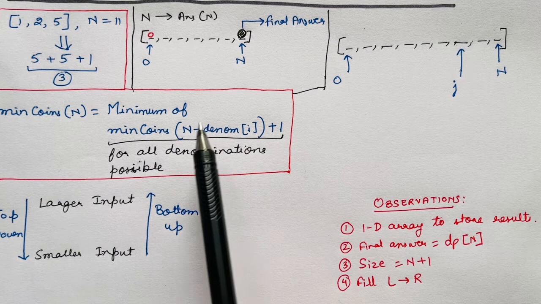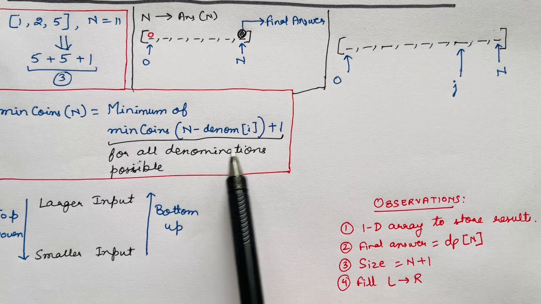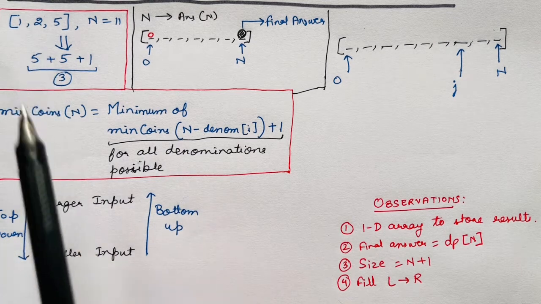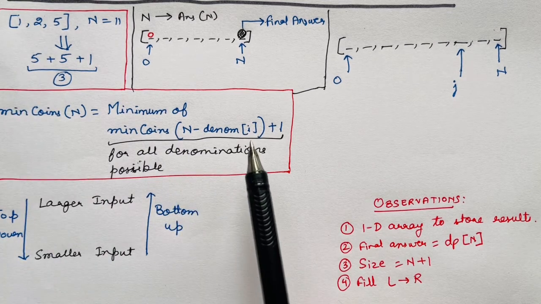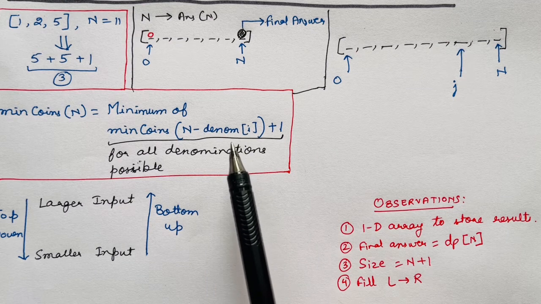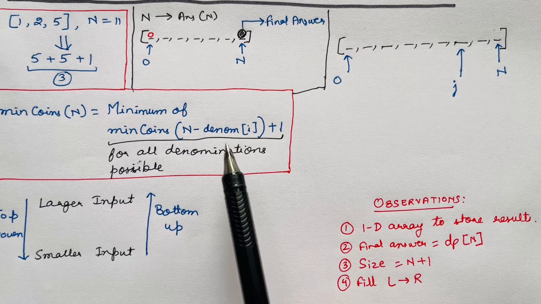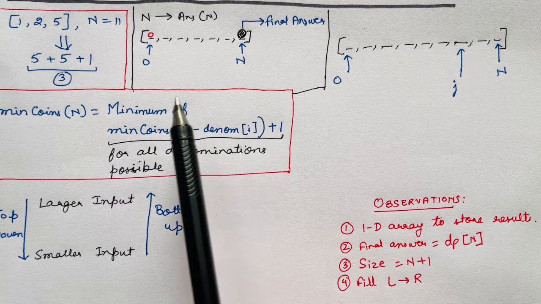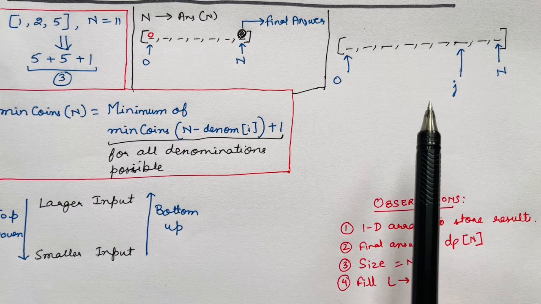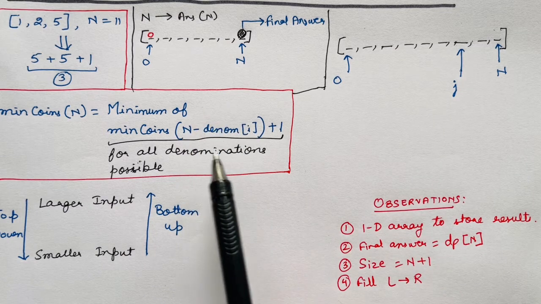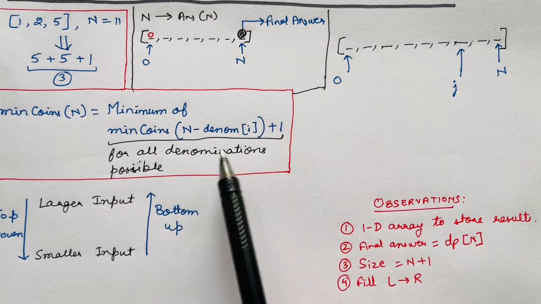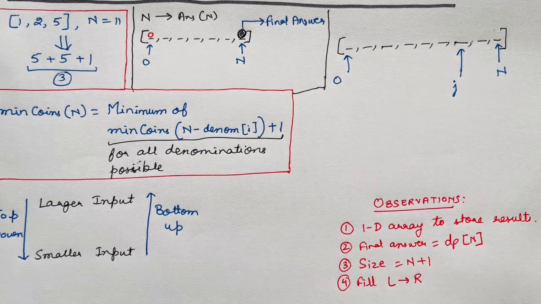So what will we do as per the recursive relation? We will iterate through all possible denominations like here 1, 2 and 5. So let us say we picked any denomination which is denomination I in any iteration. Now our smaller problem will become n minus denomination I. Now n corresponds to j here, so our smaller problem will become j minus denomination I. That means our smaller problem lies to the left of j.